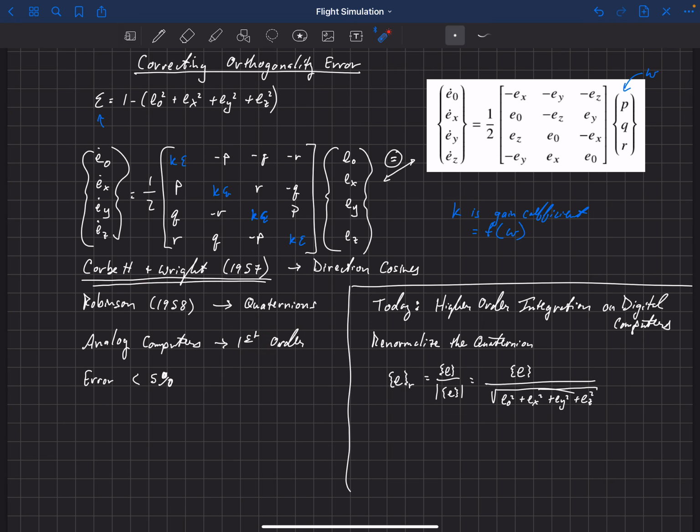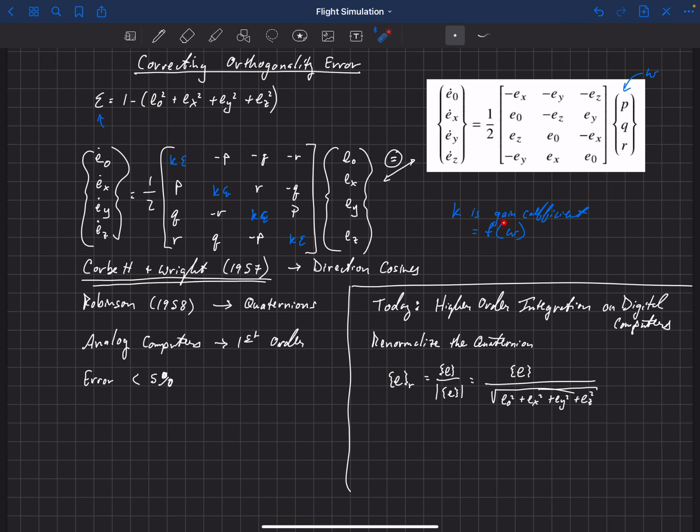They do it using higher order integration methods, and they are able to prove very convincingly that this method here, if you're using a higher order integration scheme, which is what we basically all are doing today in flight simulators, then renormalizing the quaternion like this is much more efficient, and reduces the error just as effectively, if not more effectively, in most cases, than the Corbett-Wright method.